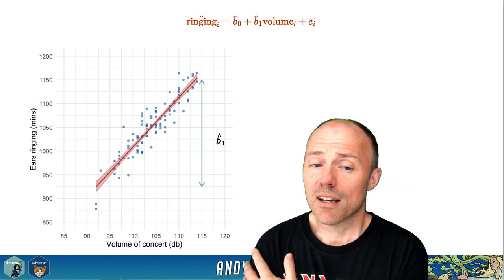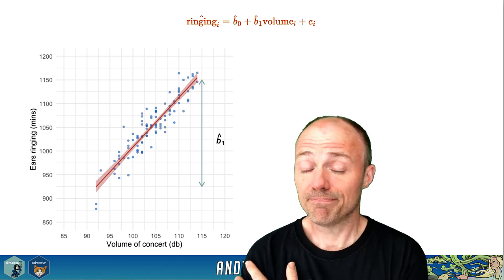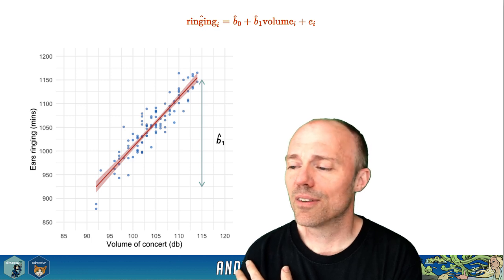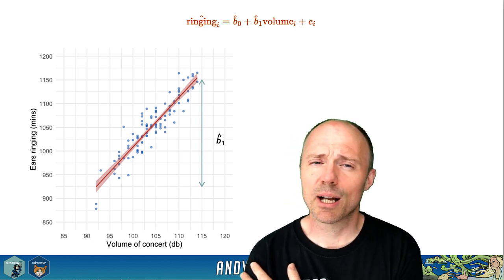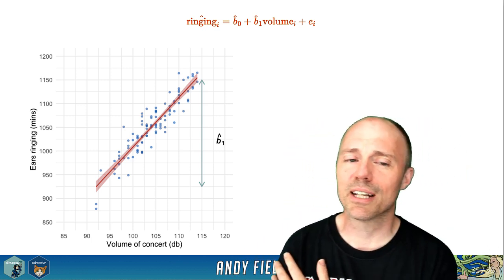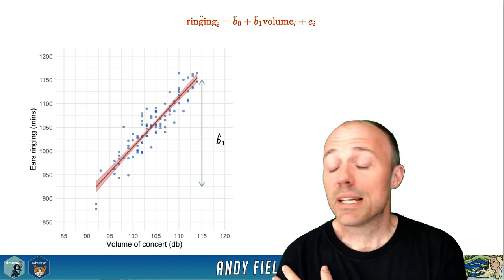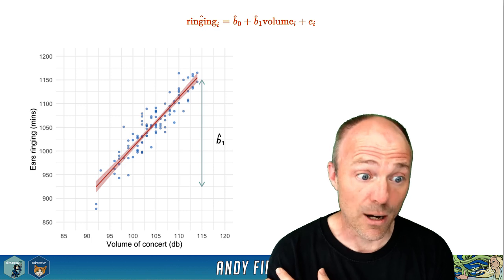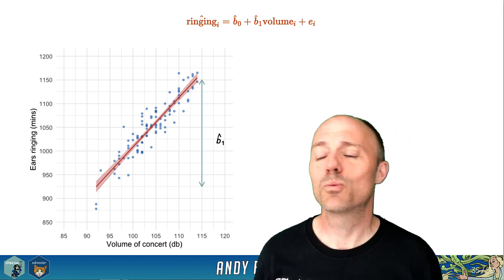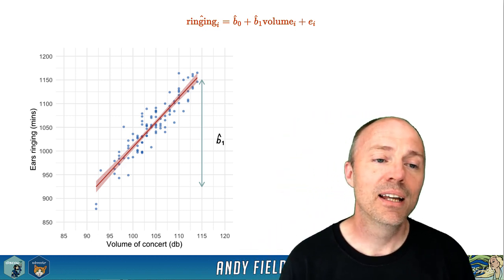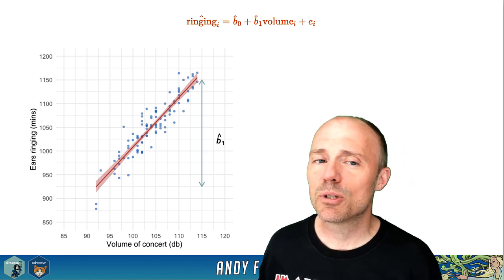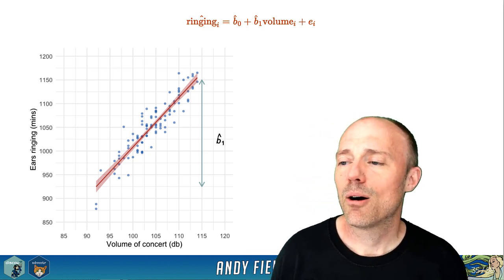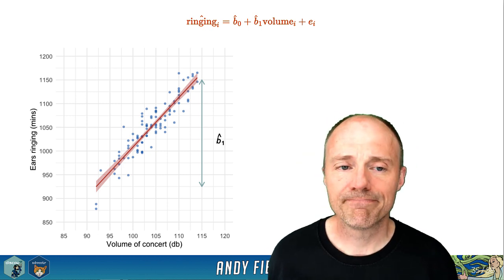If beta is a large positive number, relatively speaking, then the duration of ear ringing is going up very rapidly as the volume of the concert increases. Whereas if it was a negative value, that would mean the amount of time your ears were ringing for was actually going down as the volume of the concert went up, which would be a bit strange, but it could happen. And if the line was completely flat, it would mean that as the volume of the concert increases, it's not affecting how much your ears ring at all.